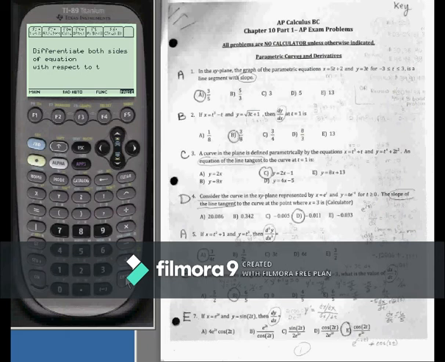Differentiate both sides of the equation with respect to t. d over dt of x times y equals d over dt of 10. Okay, we're going to do that. We come up with, and we simplify, y times dx dt plus x times dy dt equals 0. And I remind you that this is what we found already.